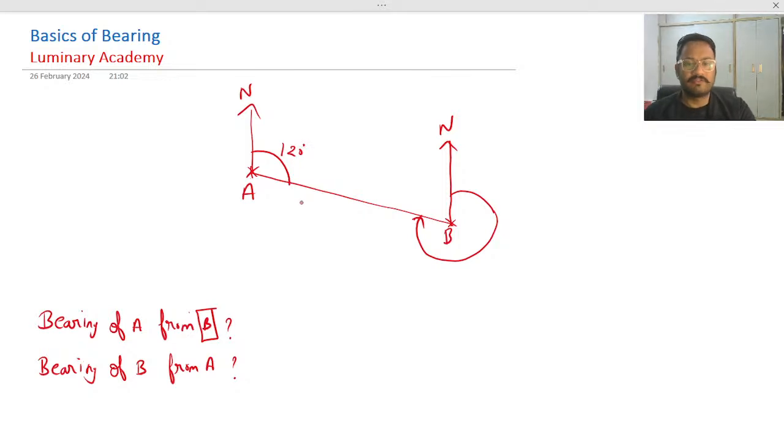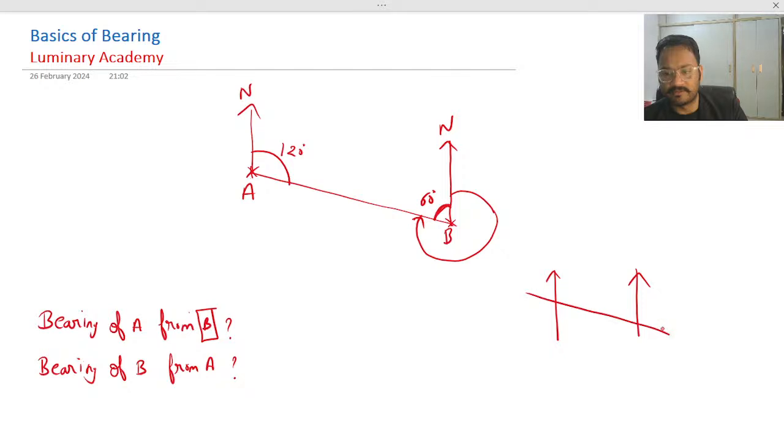If this is 120 degrees and I want to find the bearing of A from B, then on a straight line of 180 degrees, the other angle will be 60 degrees. Now why is this 60? There's a basic concept behind this. These are two parallel lines and this is a transversal.